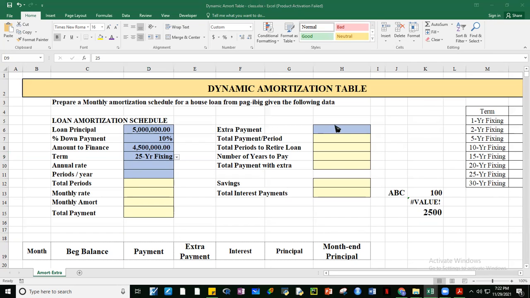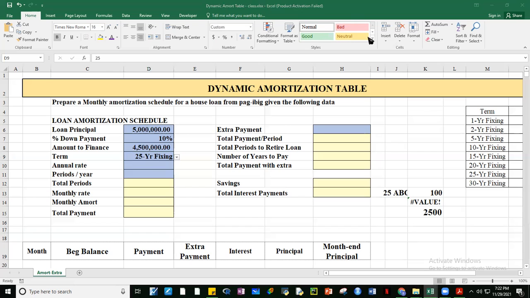Correct, its value is 25. So apparently it's not text, guys. It's a number. Unlike this one, if I click this ABC, even if I put 25 ABC there, it's still text, so you can't multiply it with 100. But this one, guys, why 25-year fixing? It has text, but why does it appear to be a number?